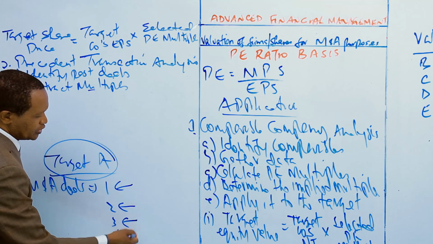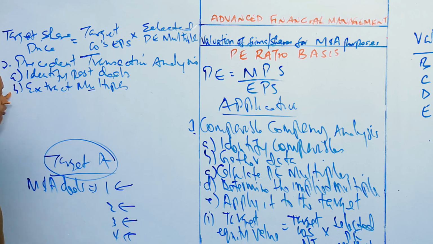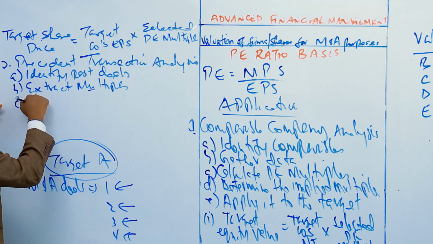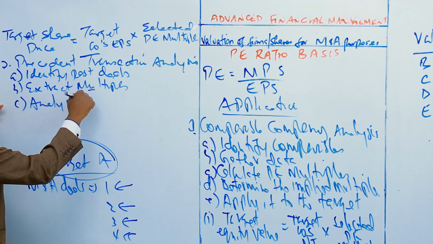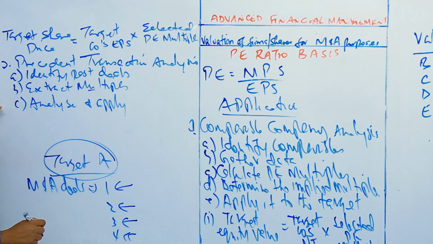What was the multiple at which the deal was completed? That is the second stage. Then in step number 3, analyze and apply. Analyze these historical PE multiples to derive a range or specific multiple applicable to the current target.